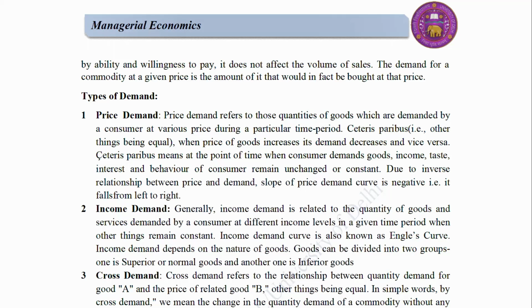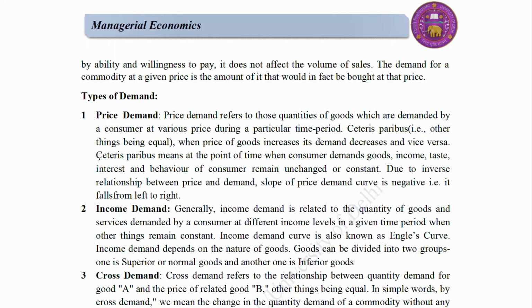Number 1. Price demand. Price demand refers to those quantities of goods which are demanded by a consumer at various prices during a particular time period, ceteris paribus, that is, other things being equal. When the price of goods increases, its demand decreases, and vice versa.